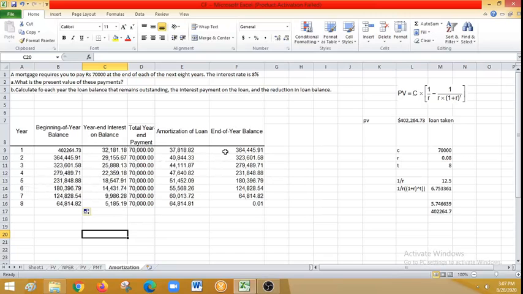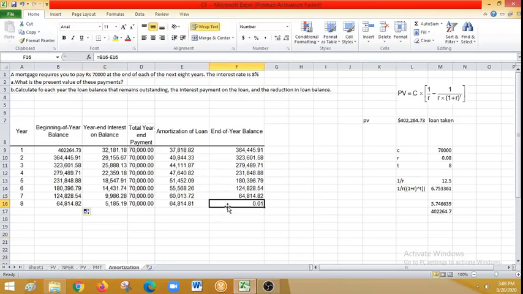You can see here 3,64, 3,64, 3,23, 3,23, and these are the interest paid for that corresponding year, and these are all the values of principal, or else the loan amount that is getting reduced every year. So this provides us a valid point that the loan has been paid.